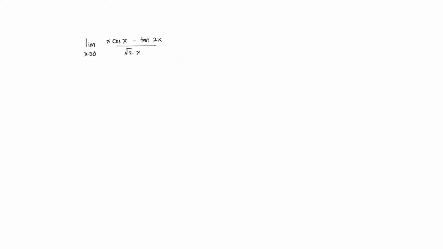So the first step is to turn our tangent into its sine and cos equivalent. Let me write it here: tangent x equals sine x over cos x. So if you have tangent 2x, it will be sine 2x over cos 2x. Let's change that tangent into its sine and cos equivalent, minus sine 2x divided by cos 2x, over sec 2.